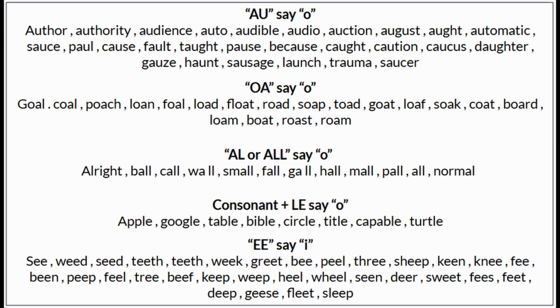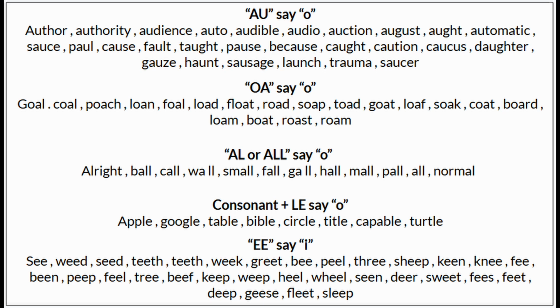Normal. Okay, also wherever you see a consonant, for example T, P, B, followed by LE, you read it O. Example, apple. There is a consonant P here, followed by LE.